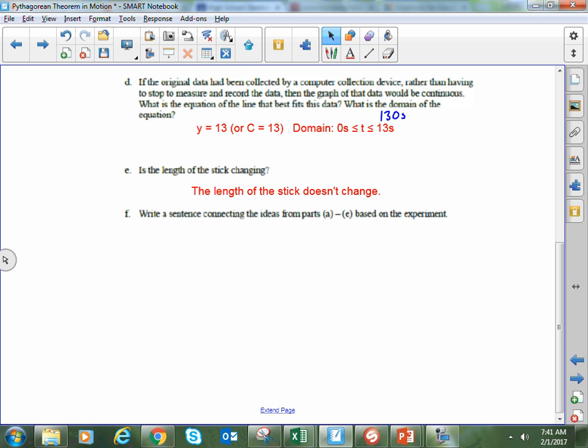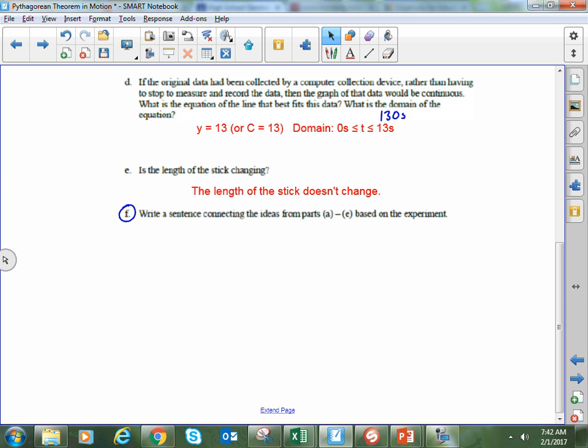And part F, write a sentence connecting the ideas. Now, pay particular attention to how you're answering these types of questions when it says write a sentence. One of the reasons that we're doing this lesson is to practice how you're going to be answering questions at some point when you take an AP exam. An AP exam is going to give you a scenario where you have to use that entire scenario to do what we're doing in this lesson.